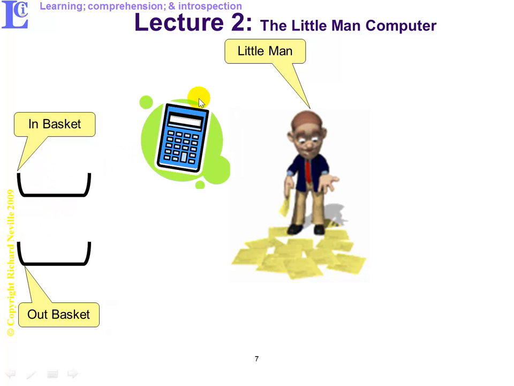Well, we move them from and to this thing. This is a calculator. So in this model, every piece of paper that's moved either out or in will go via this calculator. To move data out, you must place it first in the calculator and then in the out basket. To move data in, it's placed first by the external entity in the in basket and then moved into the calculator.